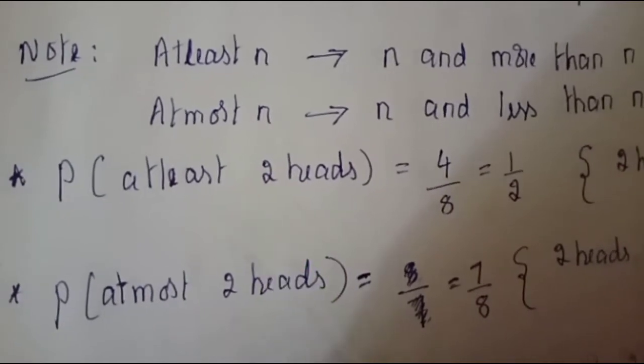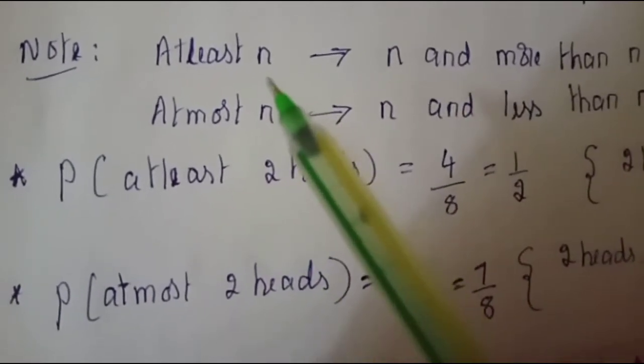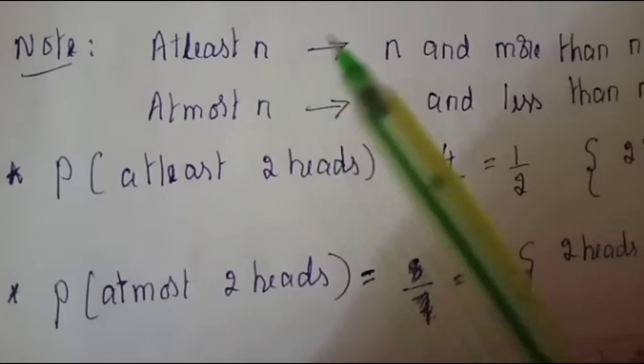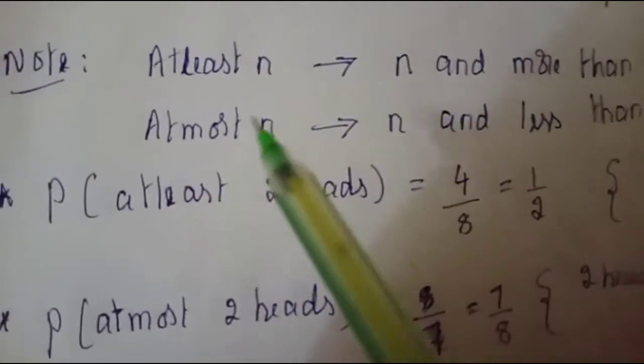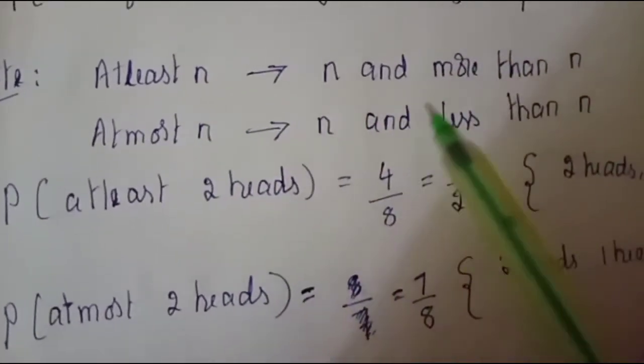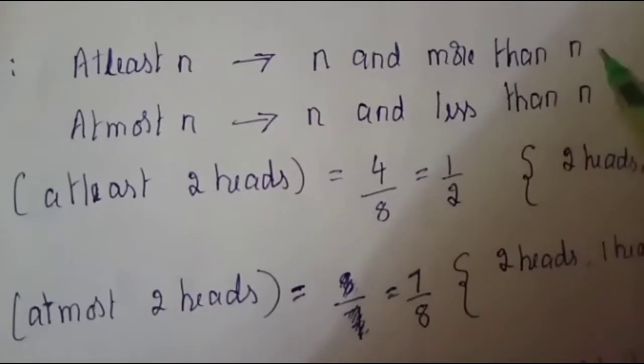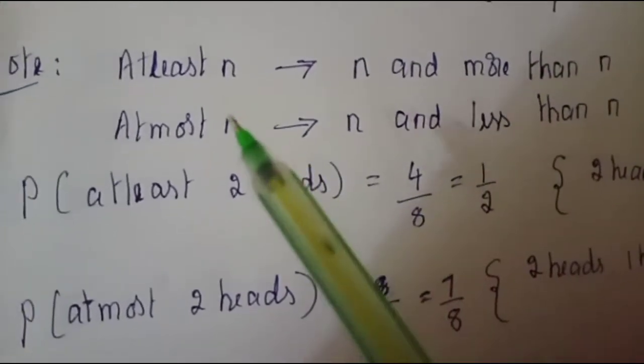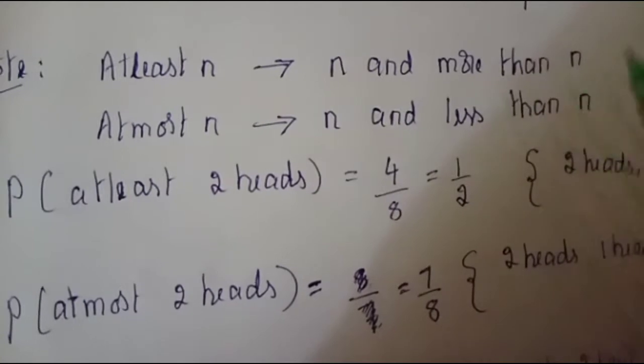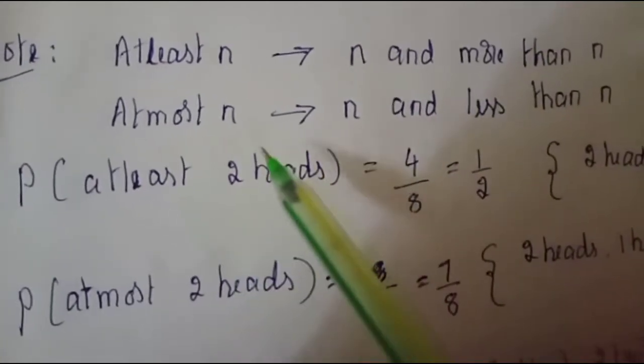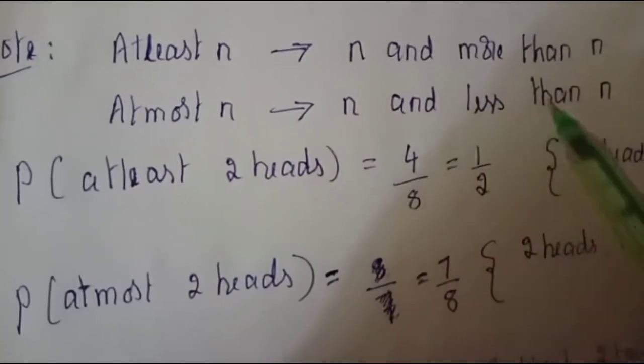So before I start the extra questions, let me explain the meaning of at least n and at most n. At least n means n and more than n. Concentrate. At least n means n and more than n. At most n means n and less than n.